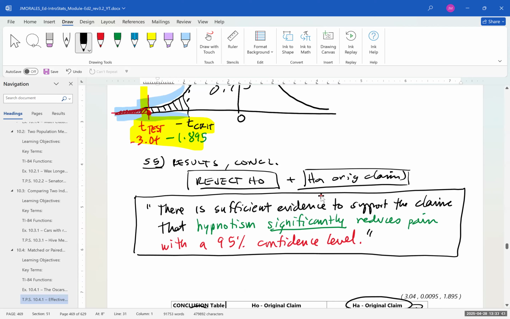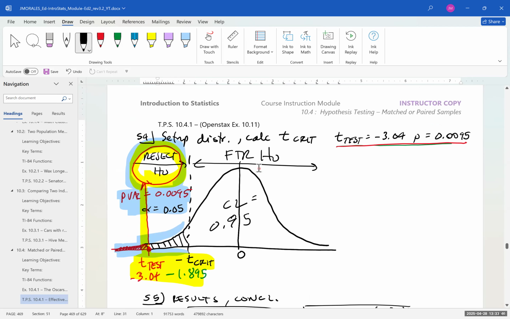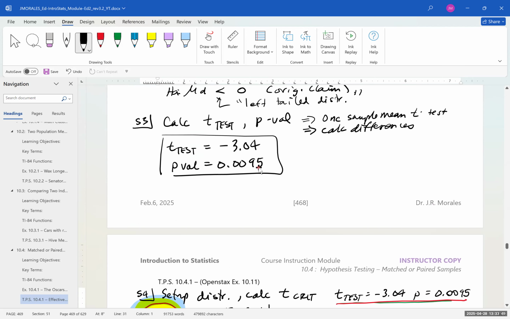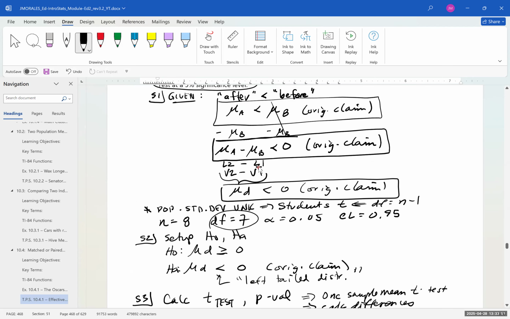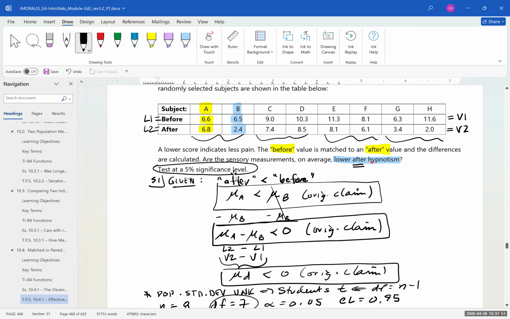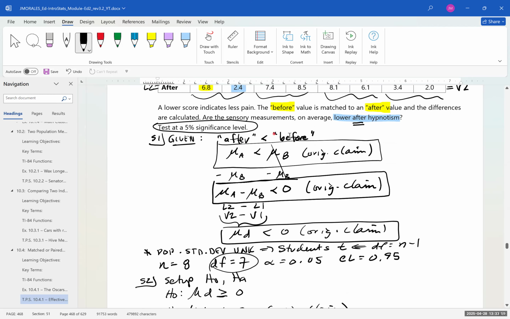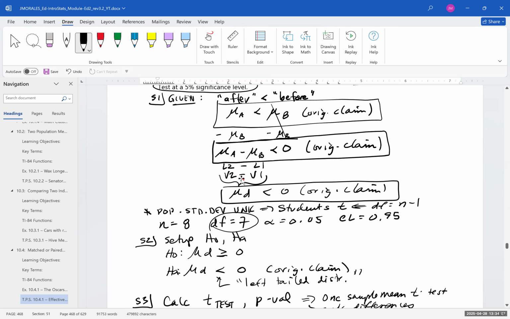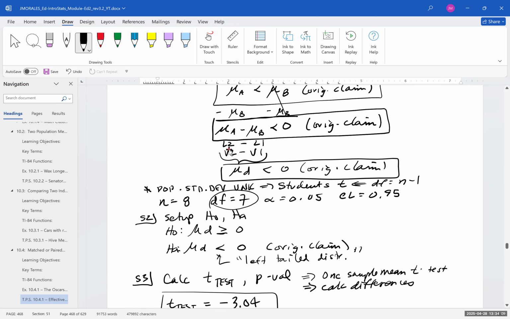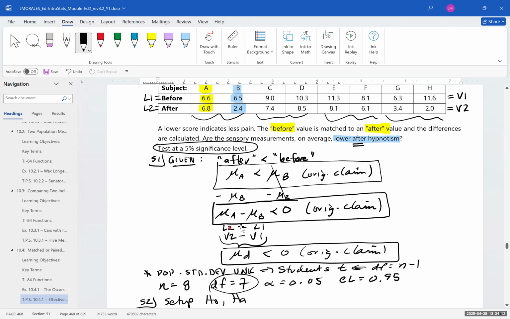Okay. So again, so much of this was a repeat, just doing the hypothesis test. The tricky part, I think, is translating what our claim is, really thinking that out, translating it to an algebraic inequality and keeping that inequality straight, and also keeping straight what list we're subtracting from the other list, because this will make our differences either positive or negative in the right or the wrong way.